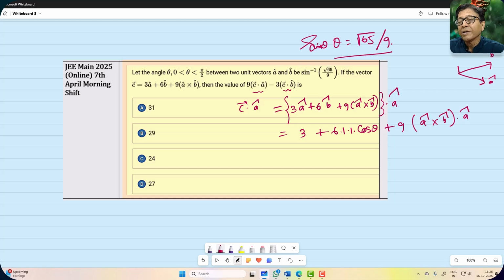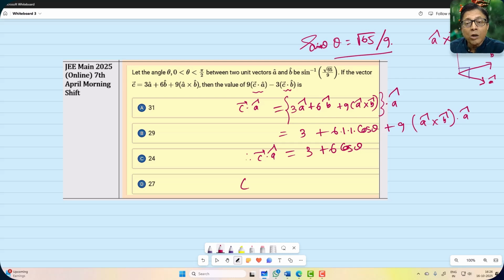A cross B is perpendicular to both A and B. This you know. So definitely the angle between A cross B and A is going to be 90 degrees. So this product is vanishing. The result is going to be 3 plus 6 cos theta. So C dot A cap you got.